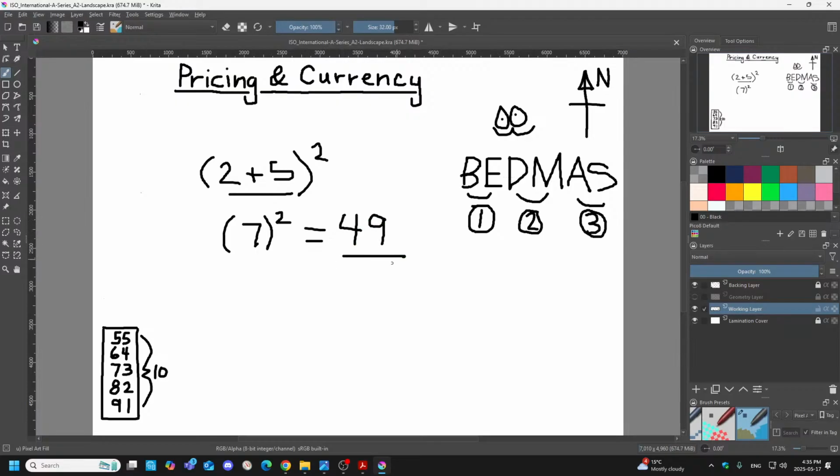These numbers here, you need to memorize these squares. They're called perfect squares. We're going to be getting into that shortly. Okay, guys? The perfect squares. 2 squared, 4. 3 squared, 9. Memorize those. 4 squared, 16.